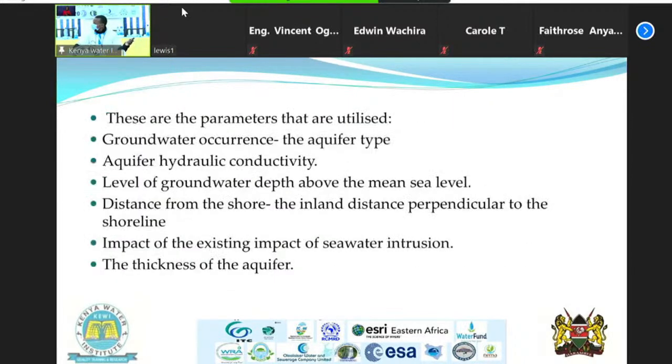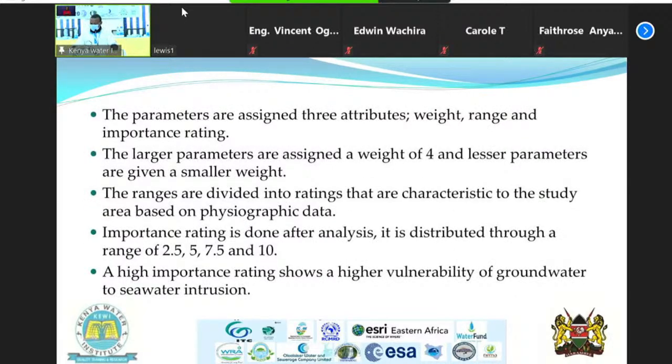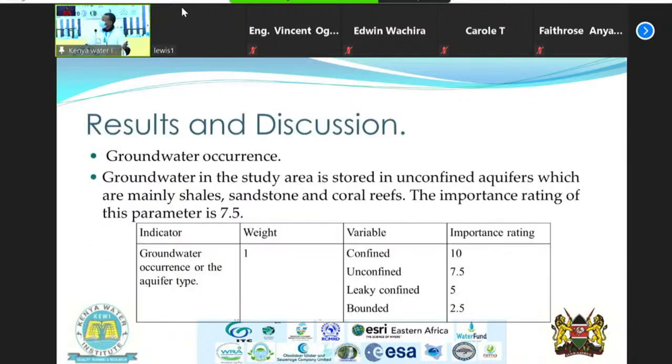As you know, the study area has unconfined aquifers, so you use physiographical data to assign the range. The importance rating is given as 2.5, 5, 7.5, and 10. A high importance rating shows higher vulnerability.